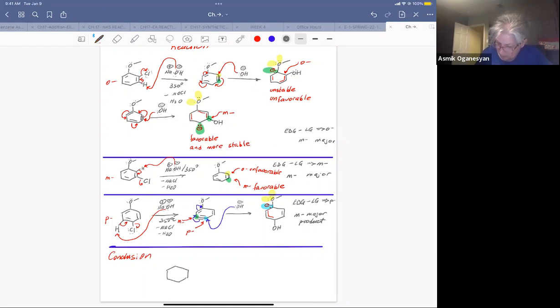With the benzene ring carrying an electron donating group on one carbon and a leaving group on any position, as long as we have a strong nucleophile, and we already know what a strong nucleophile is, it's going to carry a negative charge, it's going to be compact, and we have harsh conditions, the nucleophile is going to end up on the meta position.